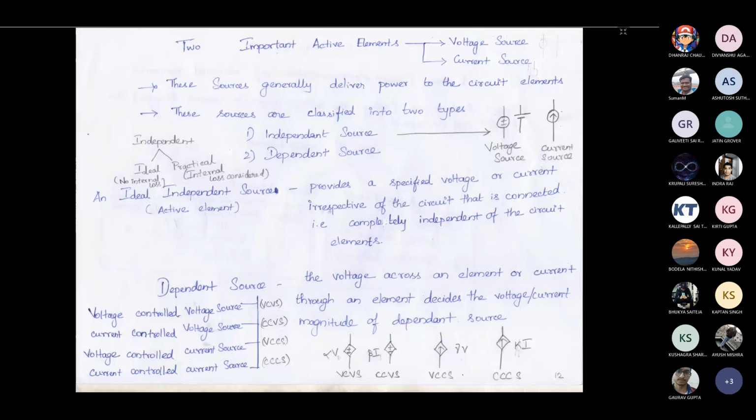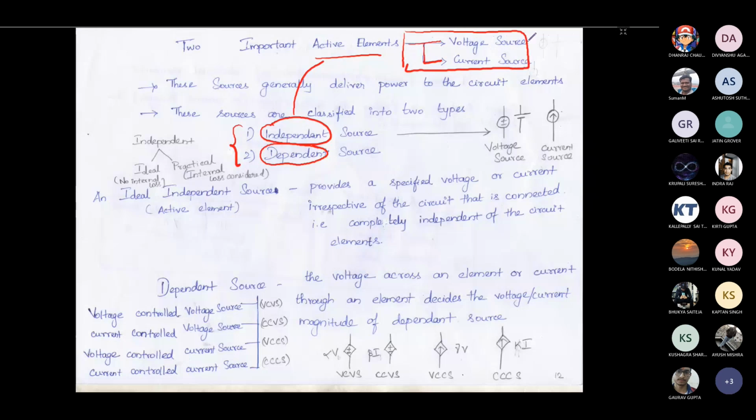Other than that, these active elements are broadly classified into two types. One is voltage source and the second one is current source. These sources are again classified into independent source and dependent source. You can consider that active elements comprise voltage source and current source.